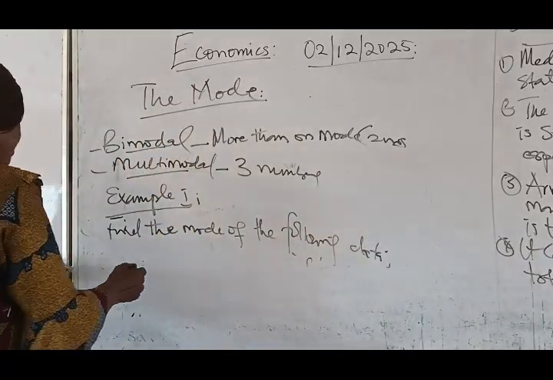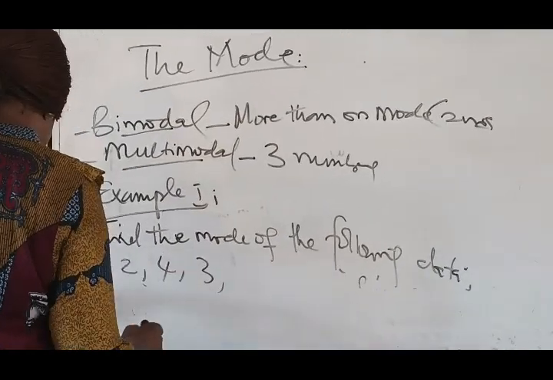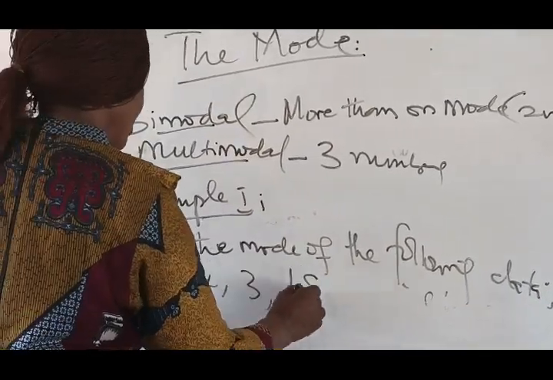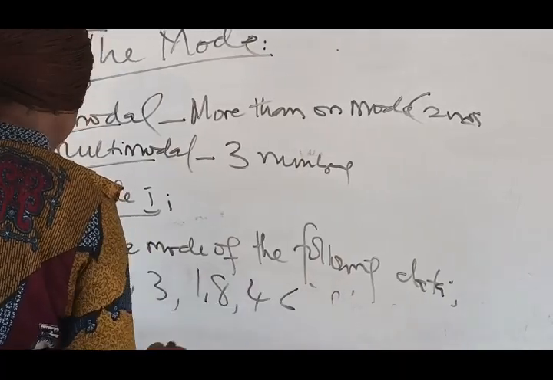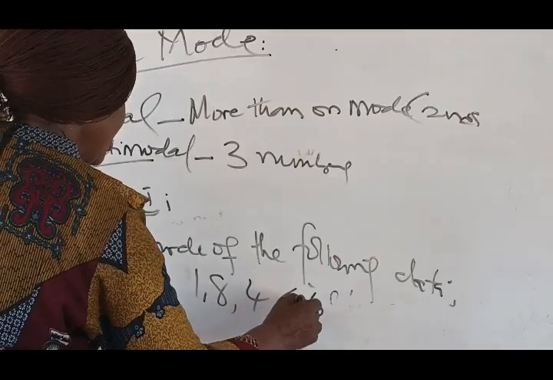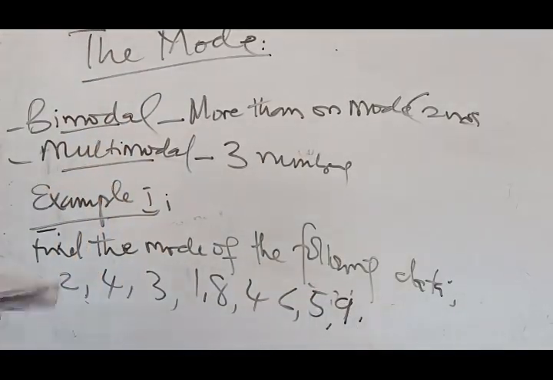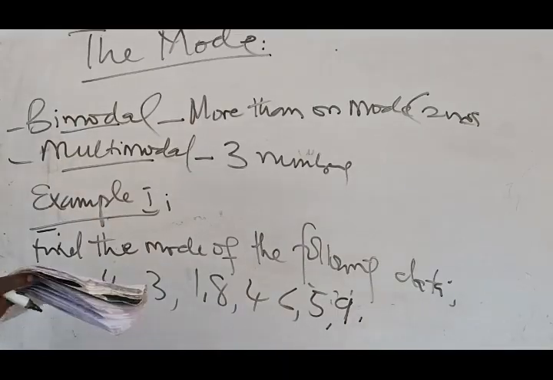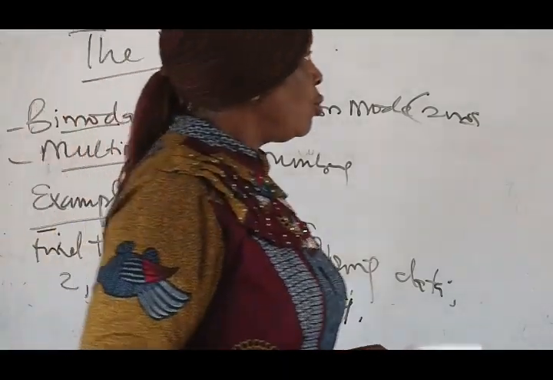The figures are 2, 4, 3, 1, 8, 4, 6, 5, 9. You might be given this set of observation and you're asked to find the mode.